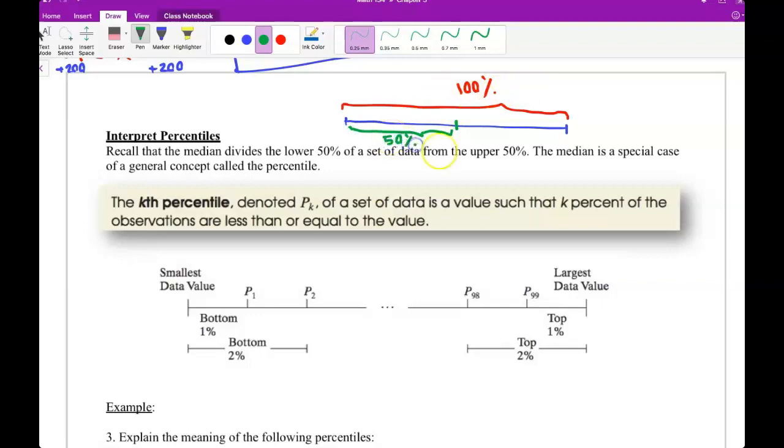Here on the left we have 50%, that is the lower 50%, and here is the upper 50%. So here we have the median. This is what that means.